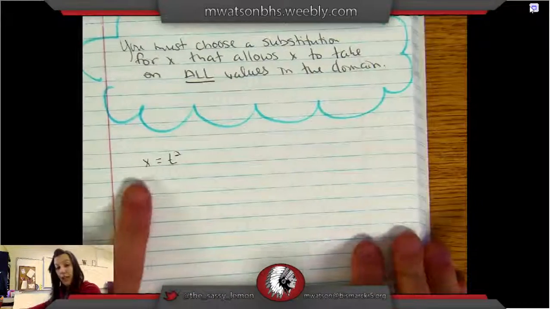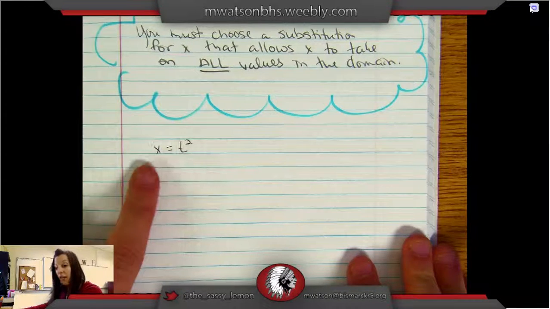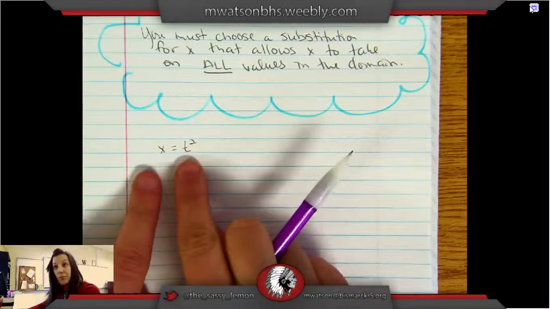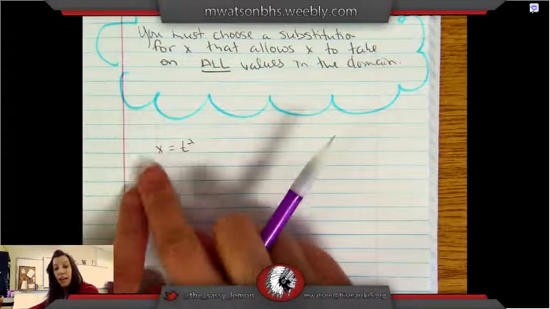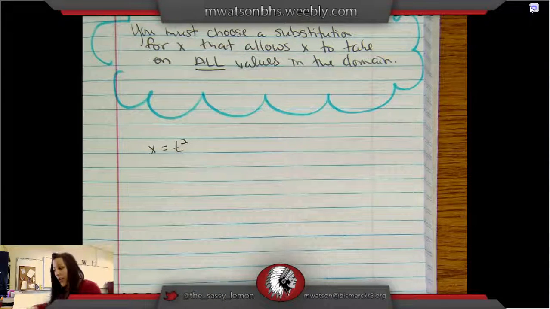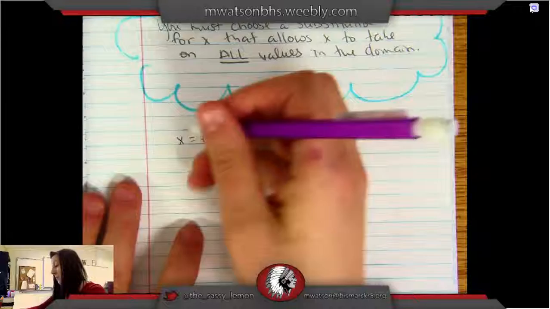But over here, with this substitution, you've restricted it to x is only going to be positive numbers. There's no way to plug in a t value, positive or negative, and ever get x to be negative. So you're basically cutting off all the negative values. And according to your original problem, they should be there. So this is a poor substitution.